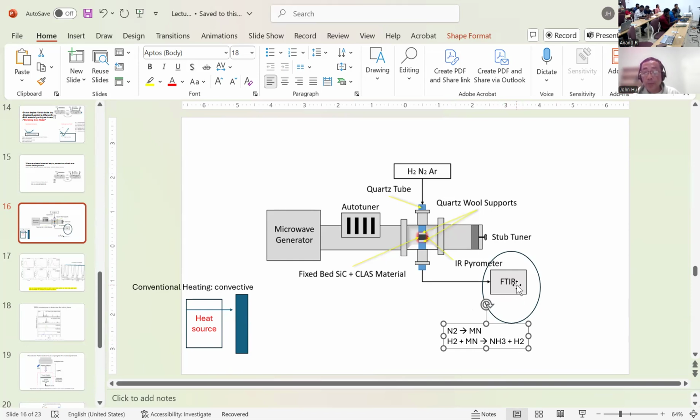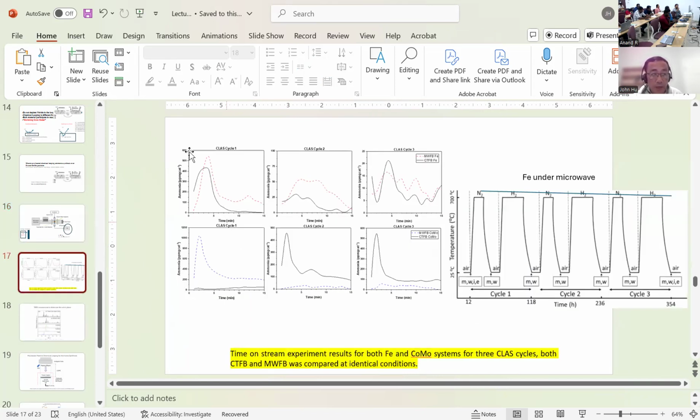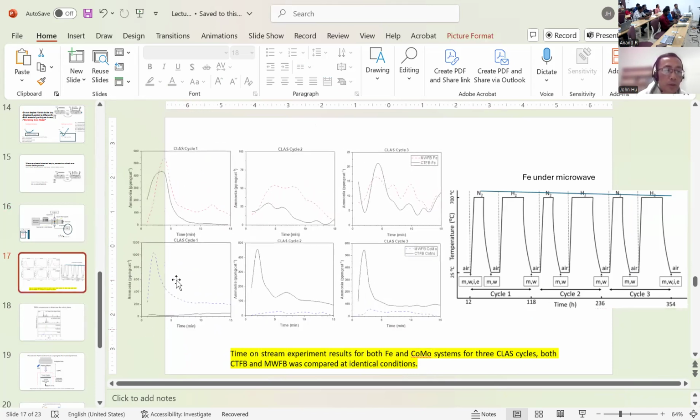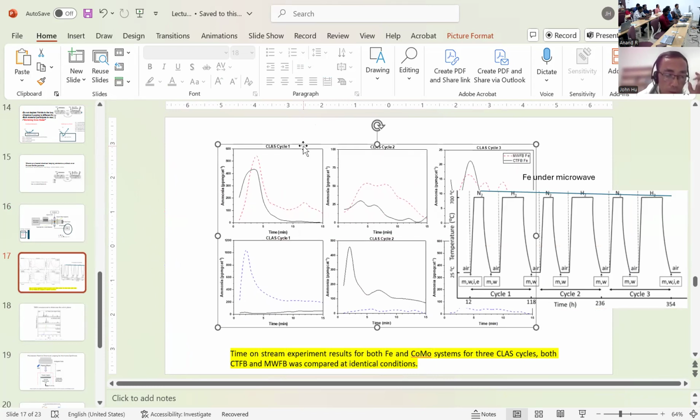So that ppm concentration is how much ammonia is in the hydrogen, the total. The higher the concentration, the better; the higher the concentration, the more ammonia comes out. That's what this analyzer tells you. And this y-axis, I'm sorry you cannot see it. It's ammonia concentration per gram of catalyst.